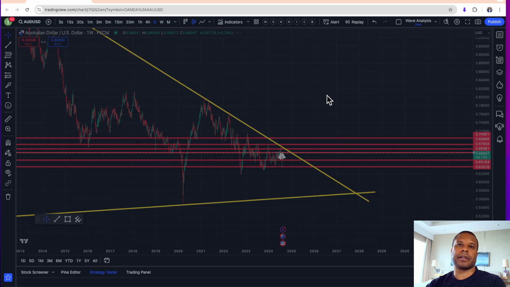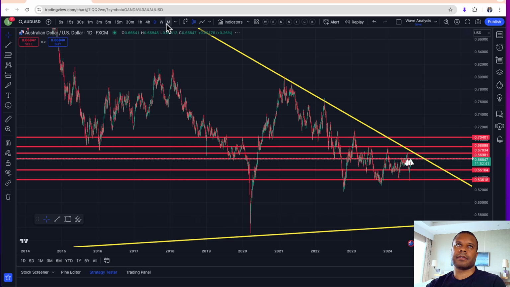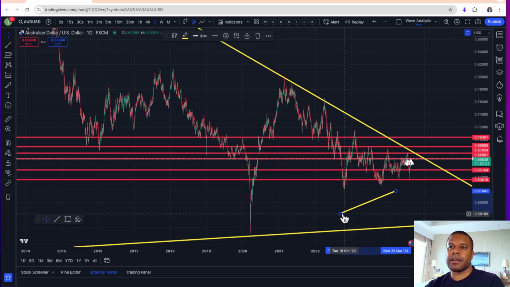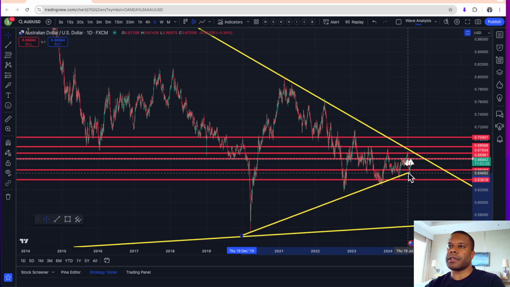And that's just a weekly, right? So let's come down. Now we could have a smaller uptrend on the daily, where we see the market touch multiple times.